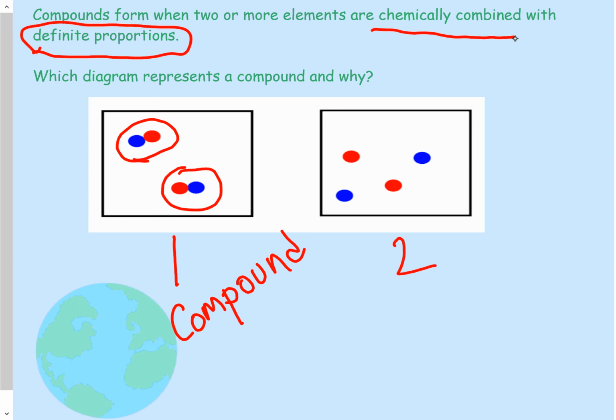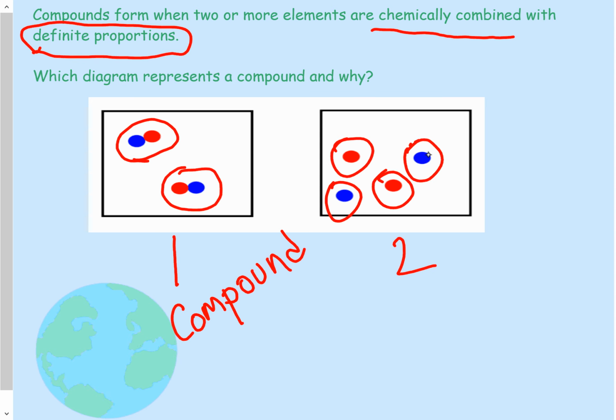Diagram 2 is not a compound. Why? Because even though I see red and blue circles, there is no chemical connection between them. When we drew them, we did not connect the red with the blue one. And if they're not connected, that means there are no chemical bonds between them.